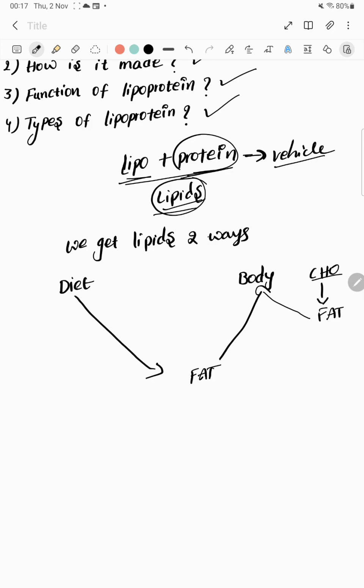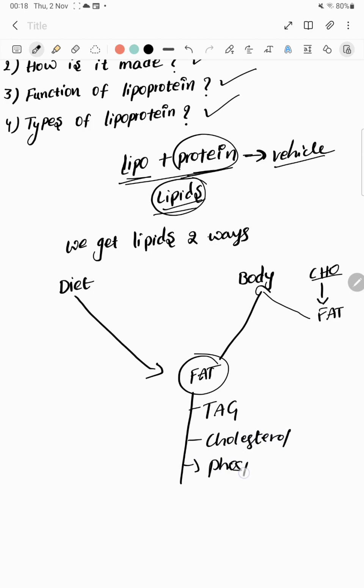So wherever the synthesis takes place, finally we get fat. We'll see the types of fats. Here we have TAG, which means triacylglycerols, the major composition of fats in the body, followed by cholesterol, and also phospholipids.